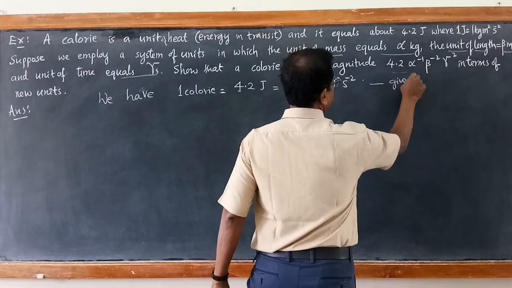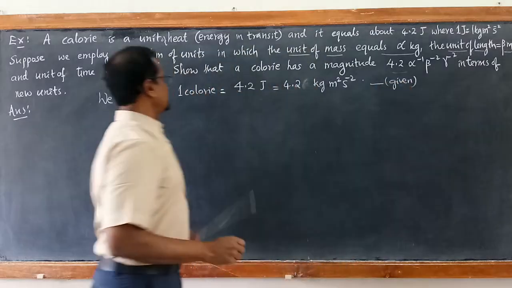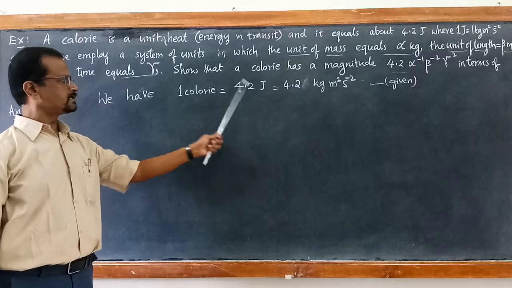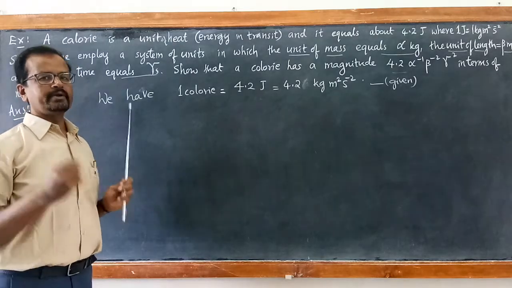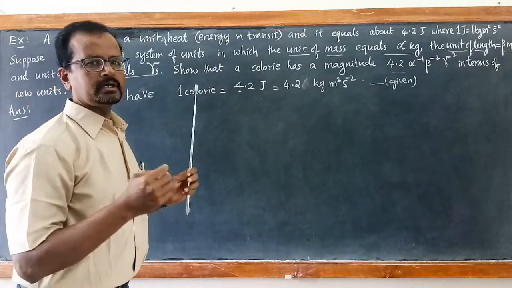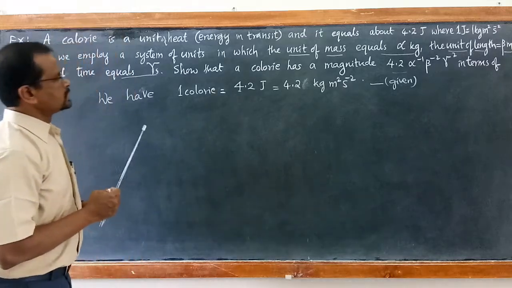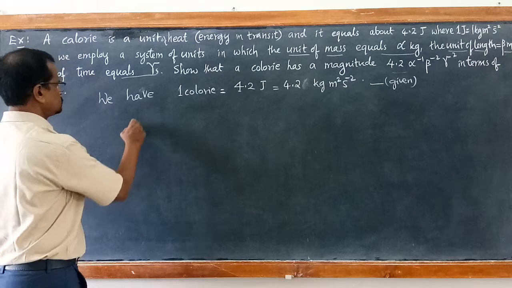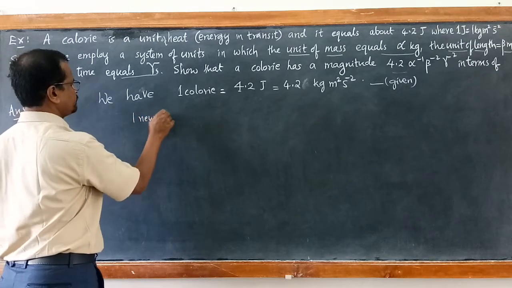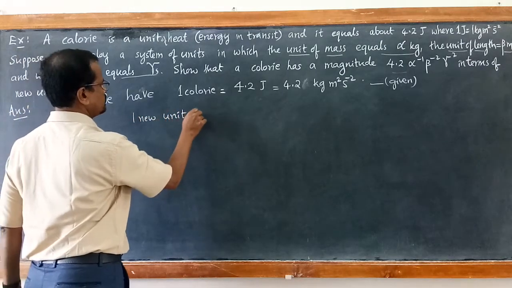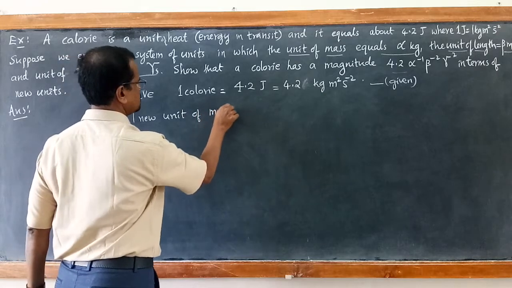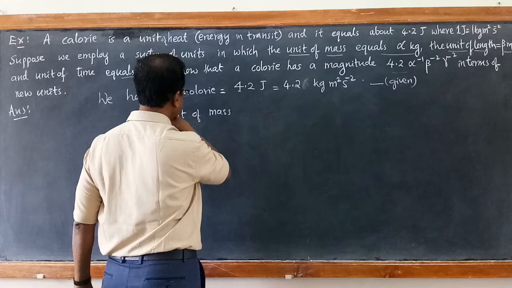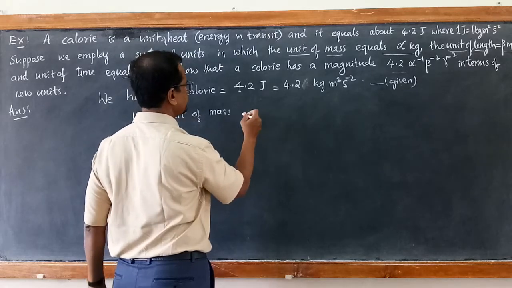Calorie is not the SI unit. Joule is the SI unit of energy. Calorie is another unit of heat energy, or unit of energy in general. So here a new unit of mass is given in terms of kg.